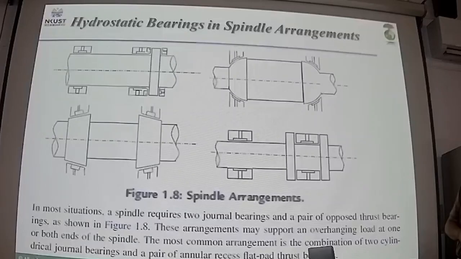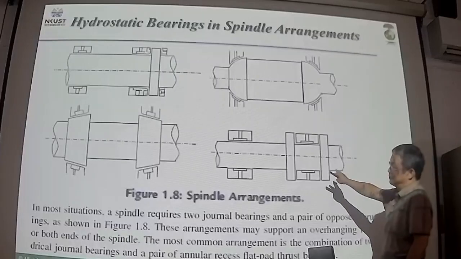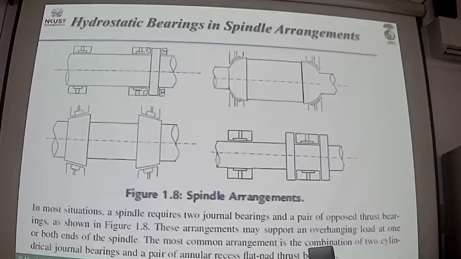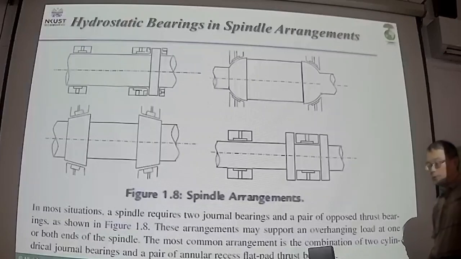There are a lot of different configurations or different special designs for the hydrostatic spindle. Okay. You can also find one of the Yates spindles in the patent document designed by the author of the book. Okay.